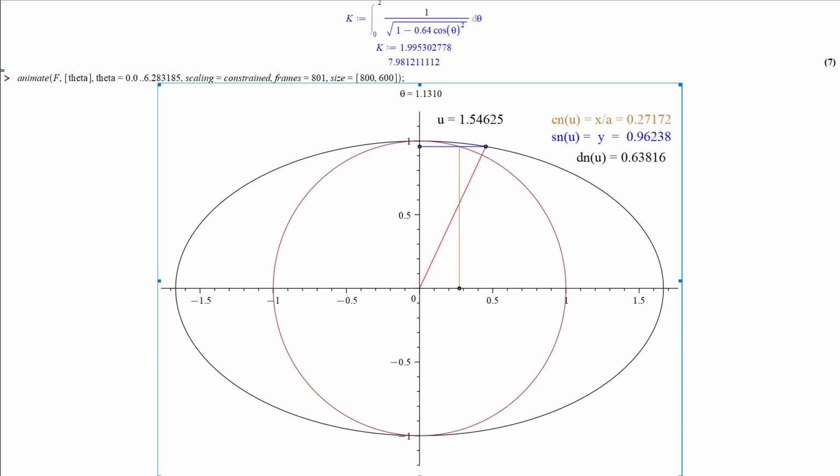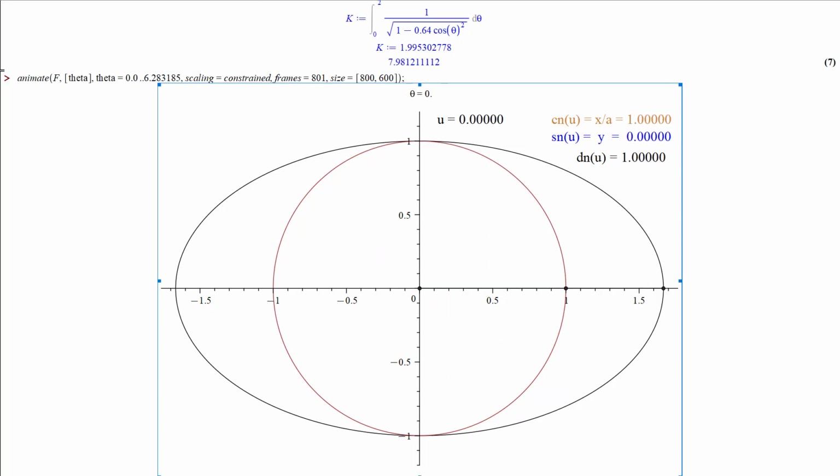And so I can let theta run, not just 0 to pi over 2, but you can just keep going. Notice r over a is 1. Here we are at theta equals pi. So y is 0, and x is negative a. So cn u will be negative a over a, or negative 1. So I can go around. So that's why it's 4K periodic.